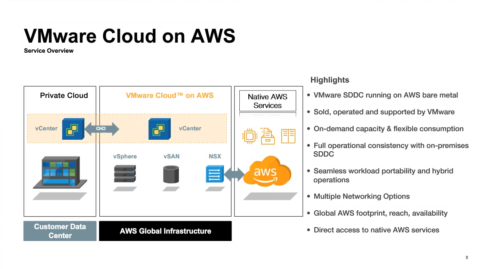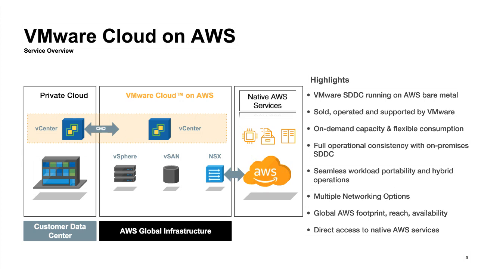And we have a high throughput connection between VMware Cloud and native AWS services, which means you can start building hybrid applications between the VMware Cloud environments and services like RDS, S3, EC2, and others on the AWS side. And that's really what we're going to be building shortly. It will be a hybrid application that leverages RDS in the backend, and the front end will be running on VMware Cloud.